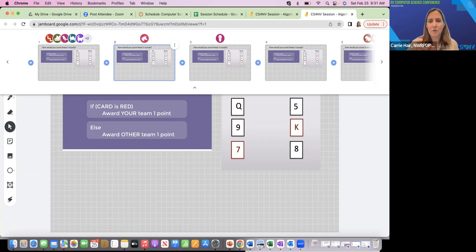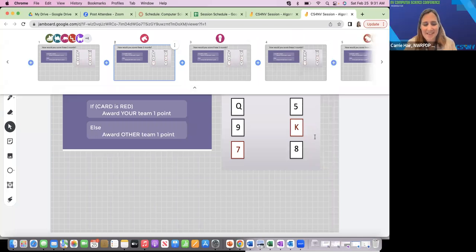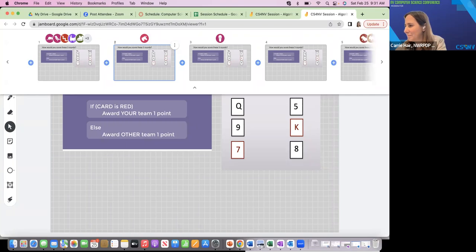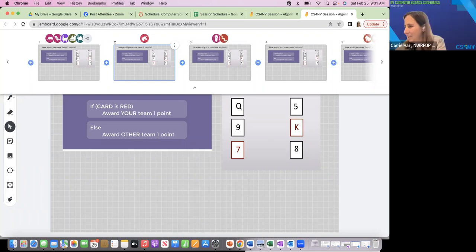Anybody having an issue with their breakout rooms? Yeah, how do I get back to the breakout room now that I'm back in? Let me see. What room were you in? I was in room 9. Okay. I'm having the same problem. I was in, oh, never mind, I got it. Did you get it, Claire? Mm-hmm.